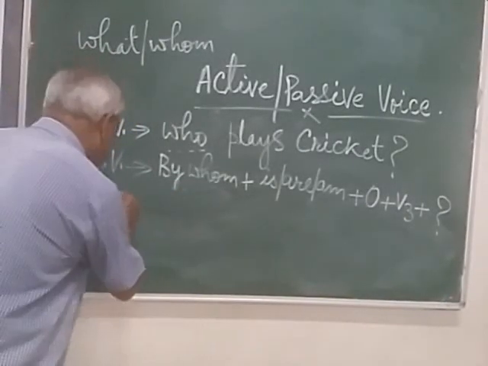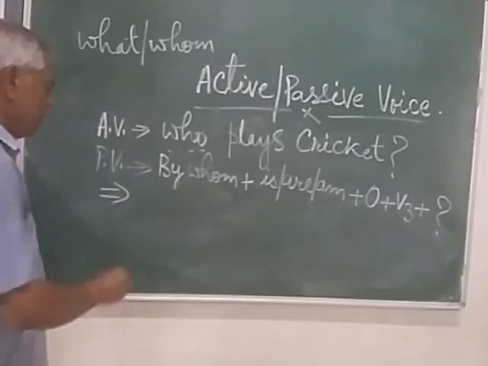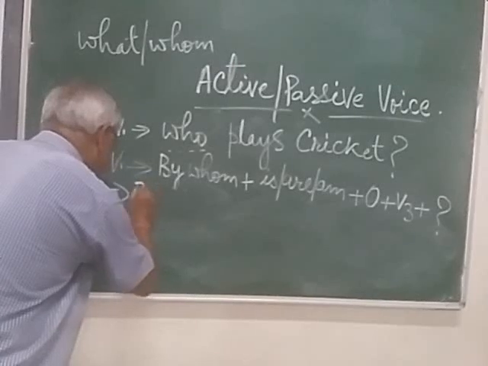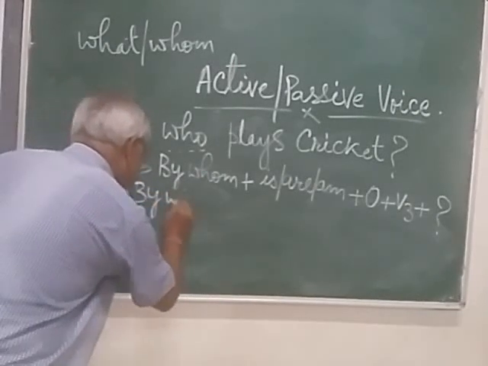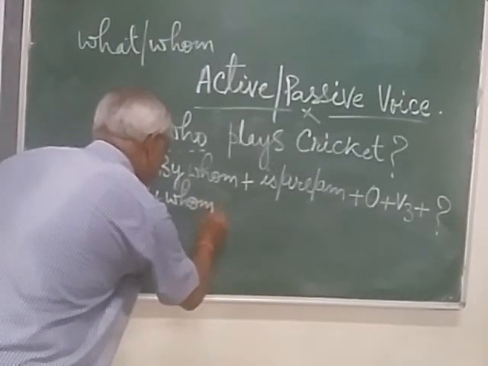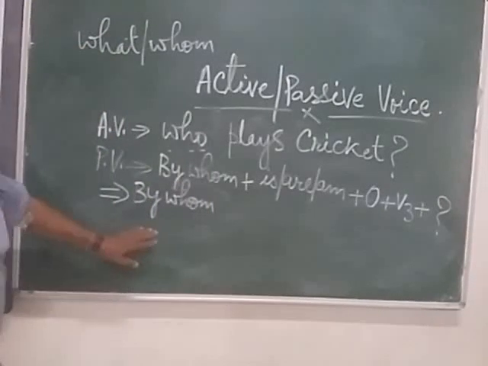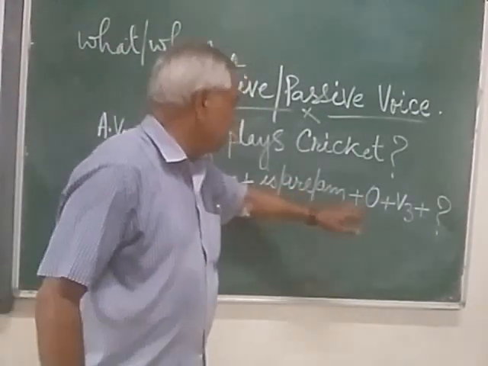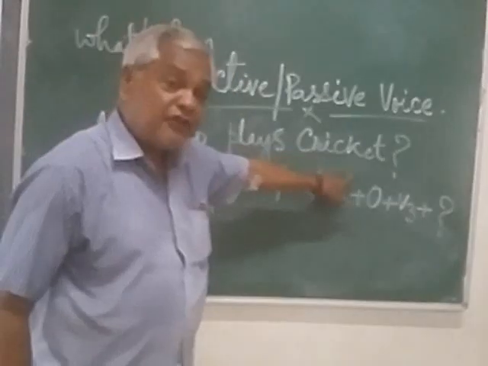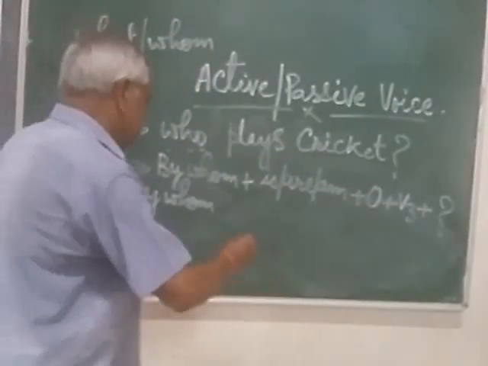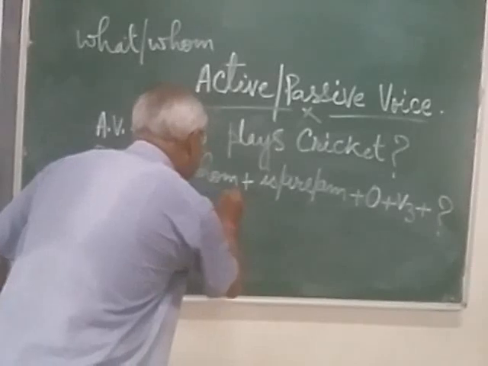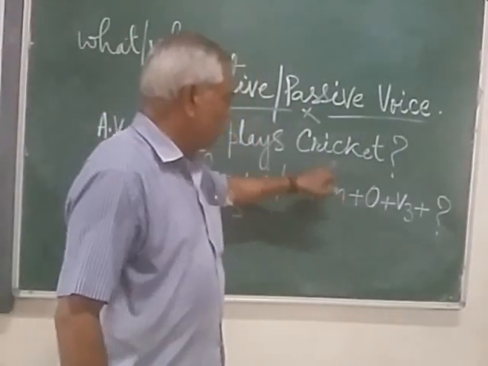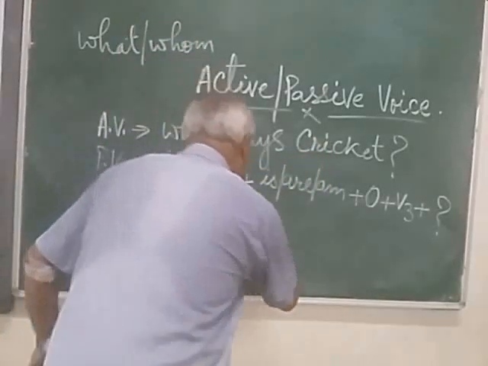So, what will be the structure? First, write down by whom. After by whom, is, are, am. So, find out which word is the object. The object here is cricket, singular number, so it should be is. By whom is. Then after that the object, cricket.